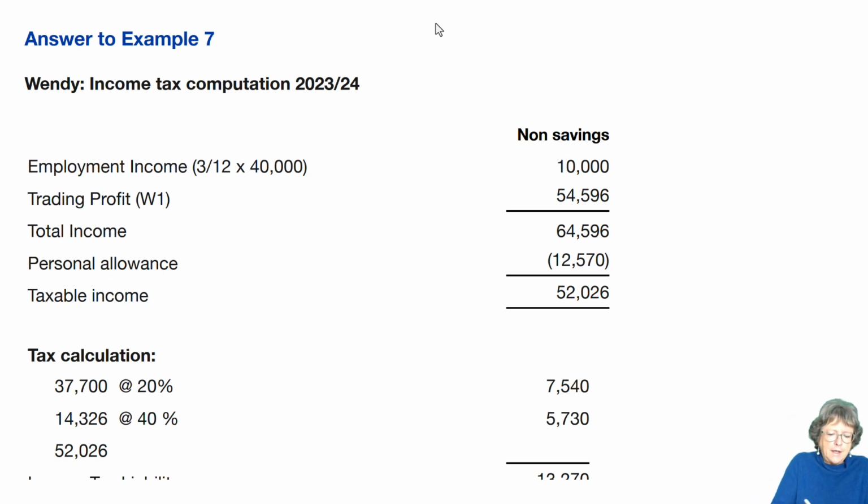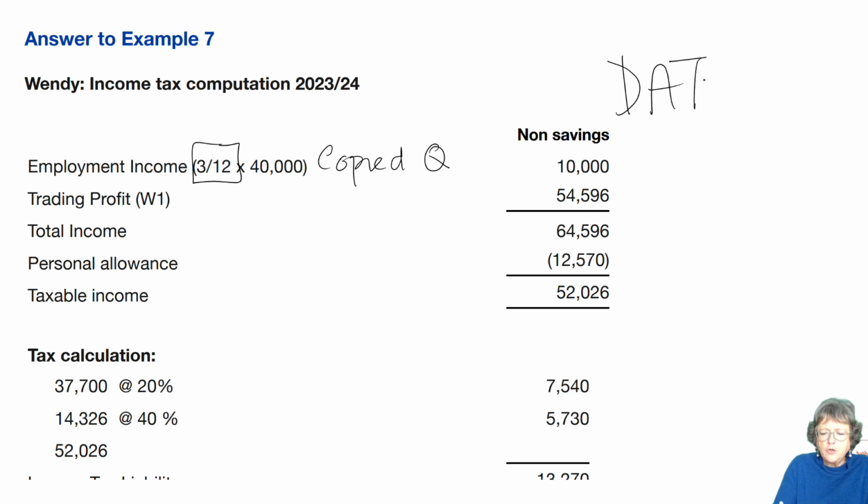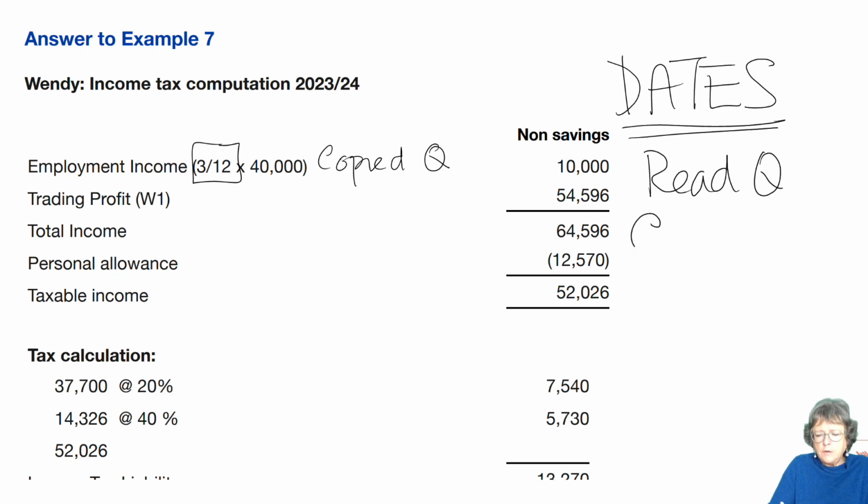That was copied from the question and obviously prorated. Dates, make sure you read the question carefully. Read the question carefully. Take it slow, read it again, read it a third time, make sure that you have got that correct.